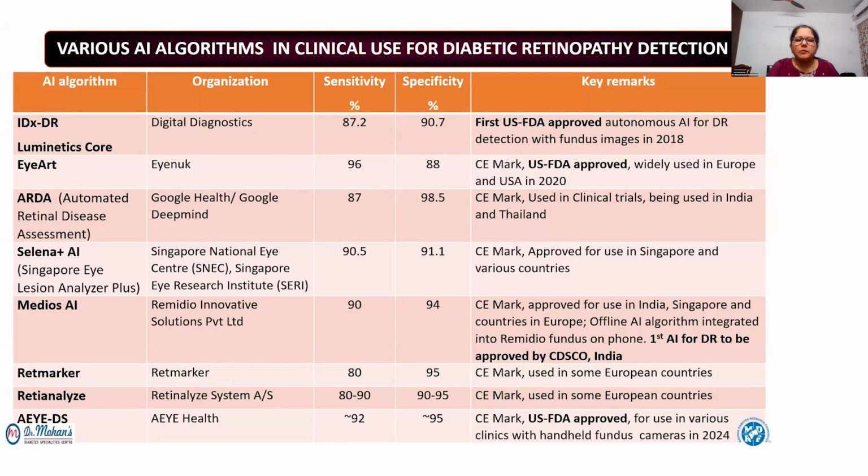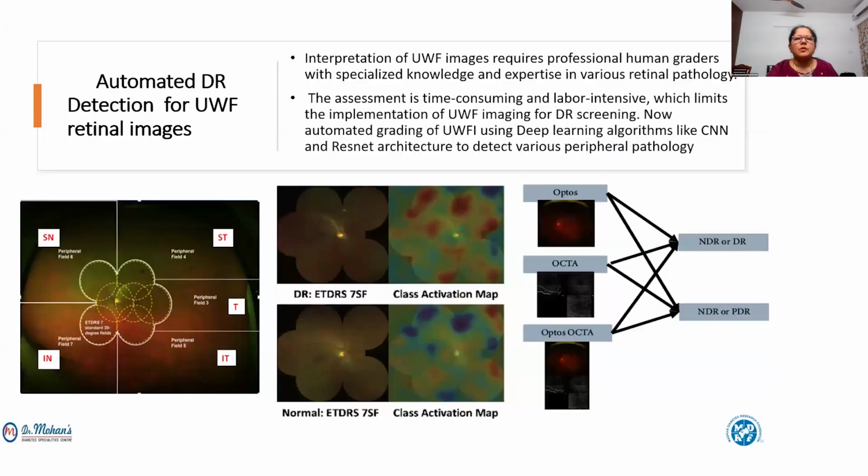The latest AI which got US FDA approval is the AEYE-DS, which has been approved for use with handheld fundus cameras. Similar to what I showed you in the previous slide, these were AIs approved with conventional retinal images.